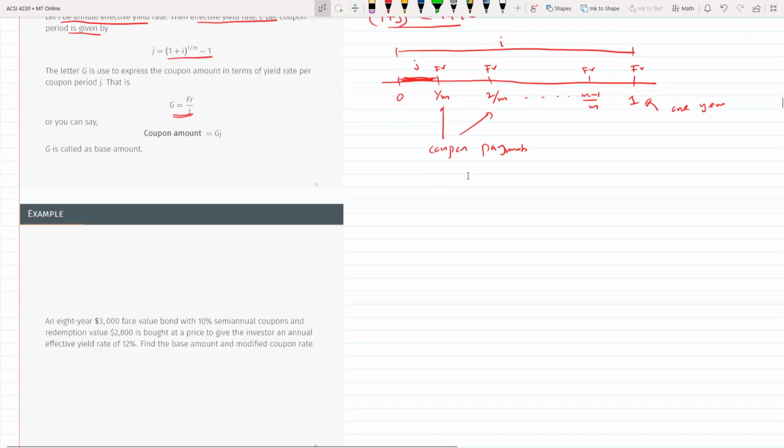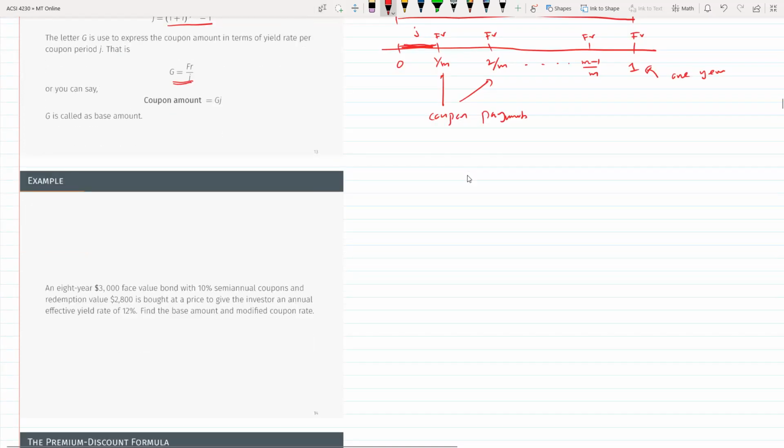So here is an example. An 8-year 3,000 face value bond with 10% semi-annual coupon and redemption value 2,800 is bought at a price to give the investor an annual effective rate of 12%. Find the base amount and modified coupon rate. So what is the base amount? The base amount is Fr divided by j. So what's the coupon amount?